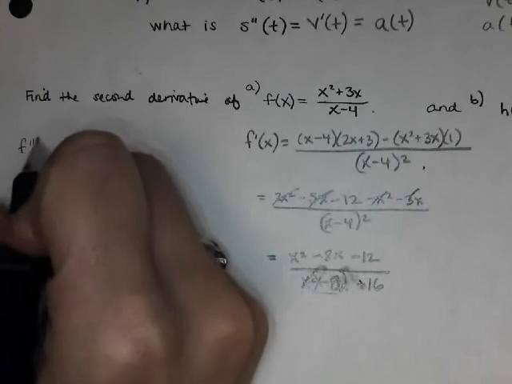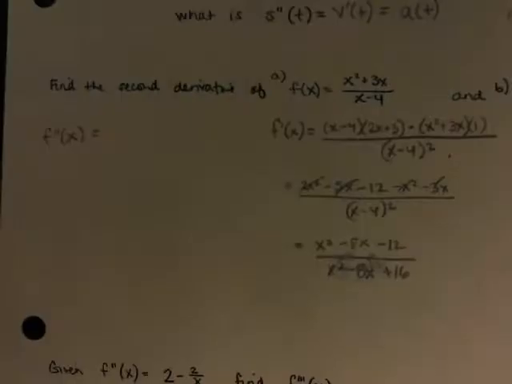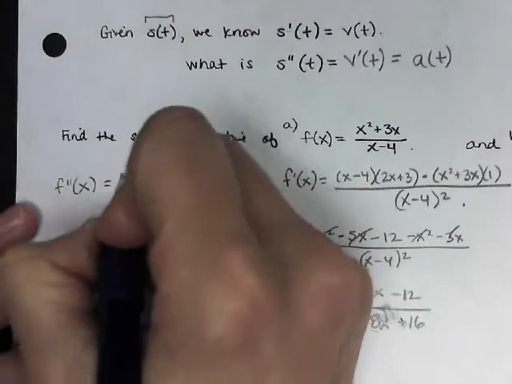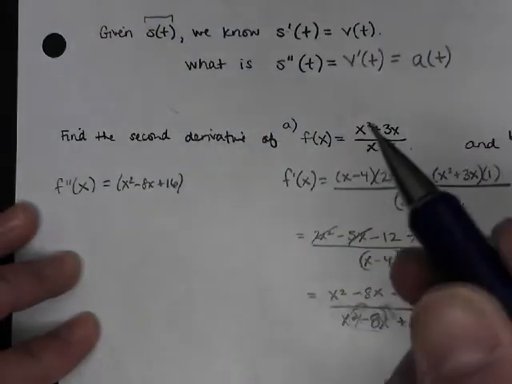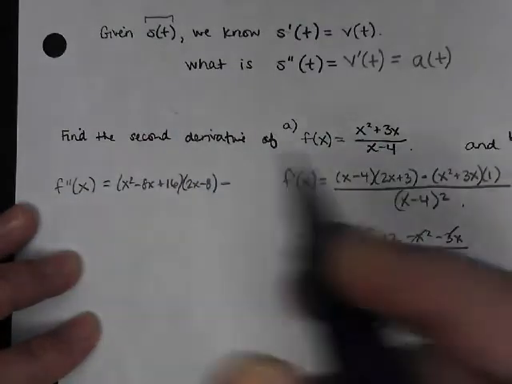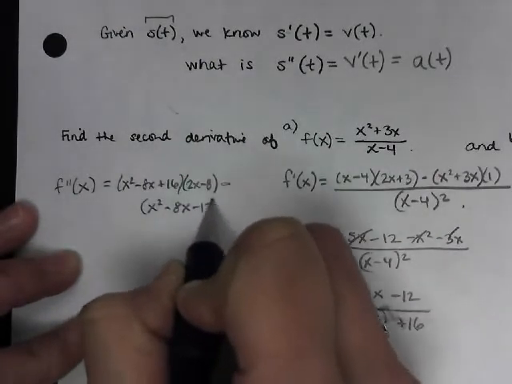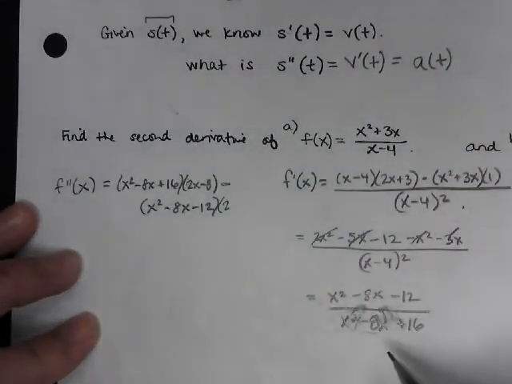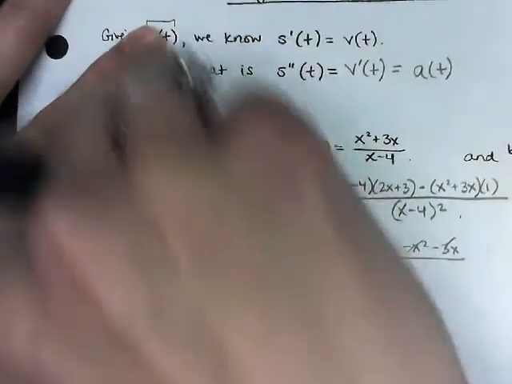So for f double prime of x, we're just going to do the quotient rule again. So your bottom times your derivative of your top, 2x minus 8, minus your top, sorry, I ran out of room, times the derivative of your bottom, 2x minus 8. Oh boy, I did something wrong. Top times the derivative of the bottom. I did the whole thing wrong.